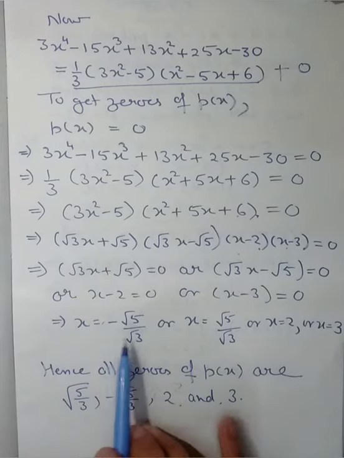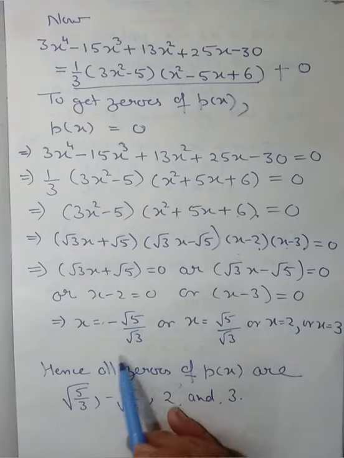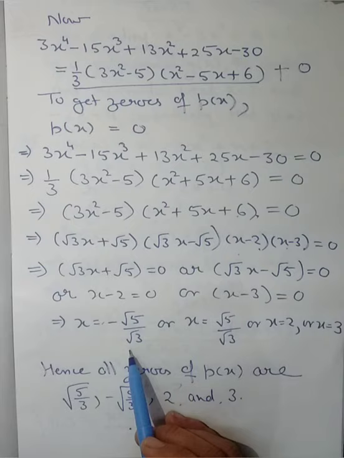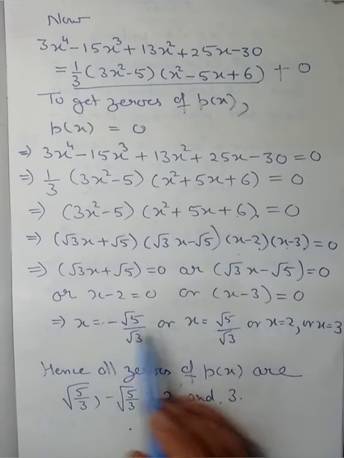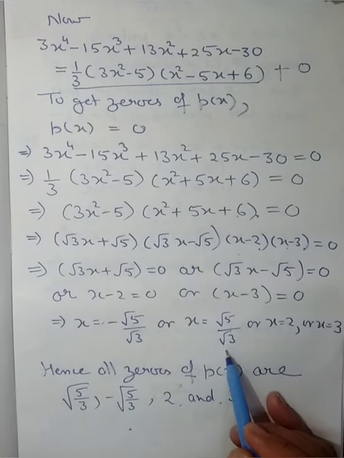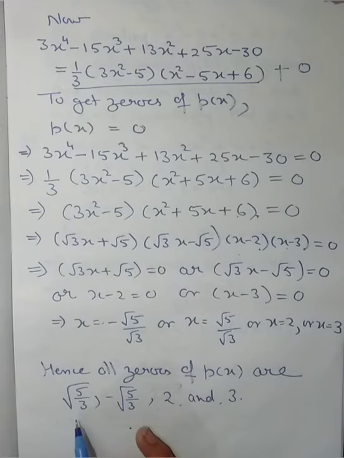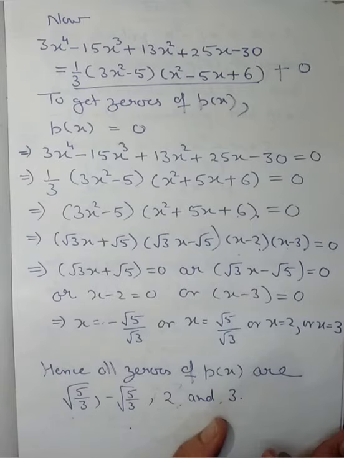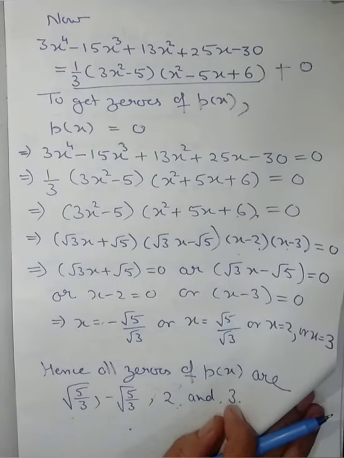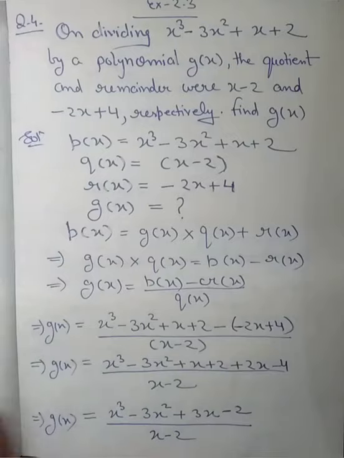So this way the obtained zeros are root 5 upon root 3 with minus sign, root 5 upon root 3, 2 and 3. So all the zeros of p(x) are root 5 by 3, minus root 5 by 3, 2 and 3. This way we can obtain all the zeros if two of the zeros are given for a polynomial.